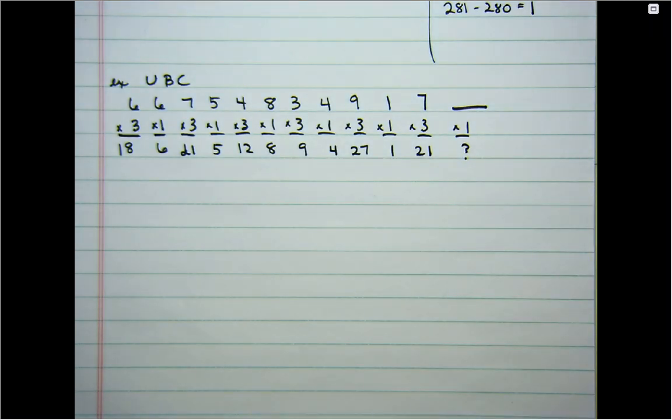So we have 18, 6, 21, 5, 12, 8, 9, 4, 27, 1, 21. And then we add all these up.